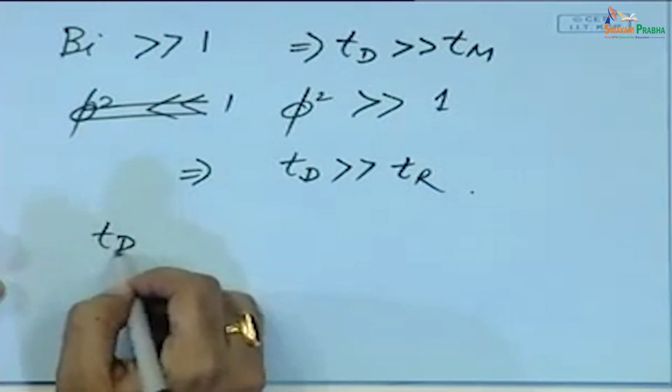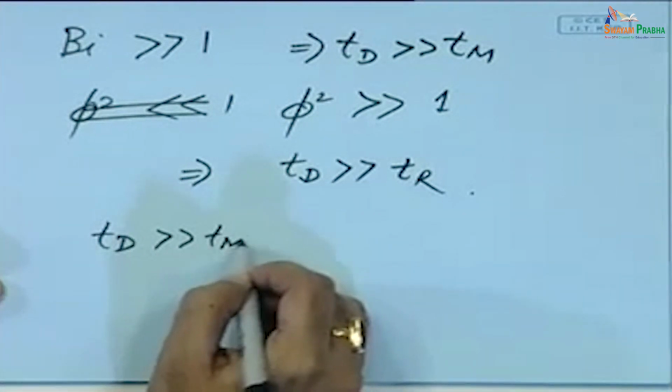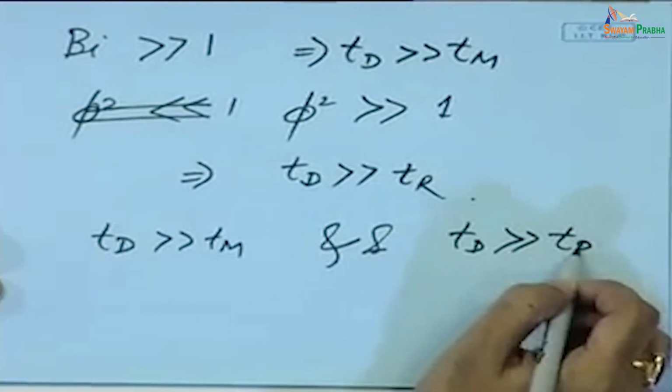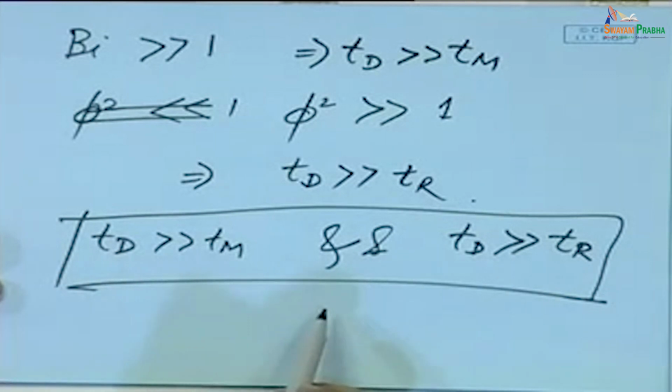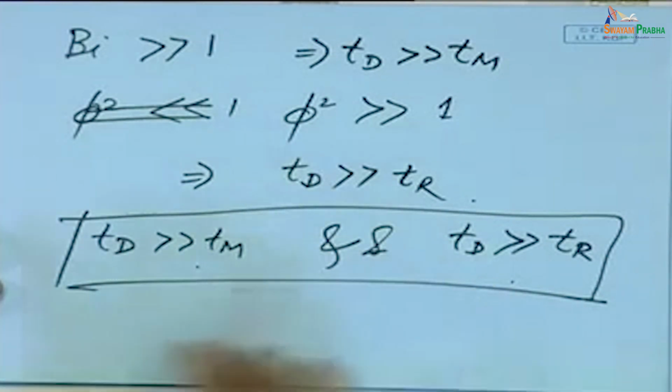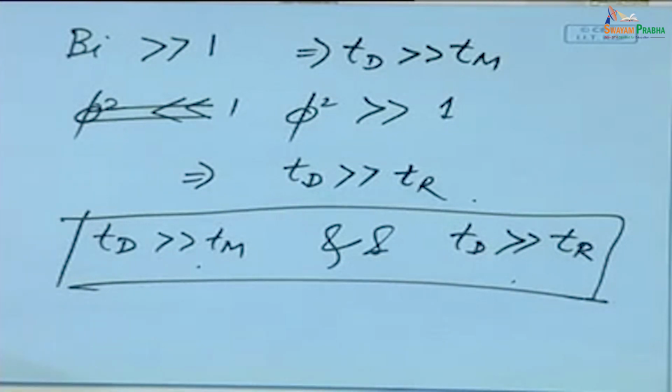So, which means Td is much greater than Tm and Td is much greater than Tr. Now, I cannot write the kind of inequality I wrote before, because I do not know the relationship between Tm and Tr, but one thing I know is that Td is the slowest of all, is the smallest. So, it is now limited by internal diffusion.